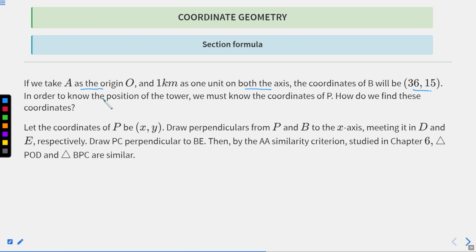Okay, and here draw perpendiculars from P and B to the x-axis, meeting it in D and E respectively. And here draw PC perpendicular to BE, and then by the angle similarity criteria that we studied in chapter 6, triangle POD and triangle BPC are similar.